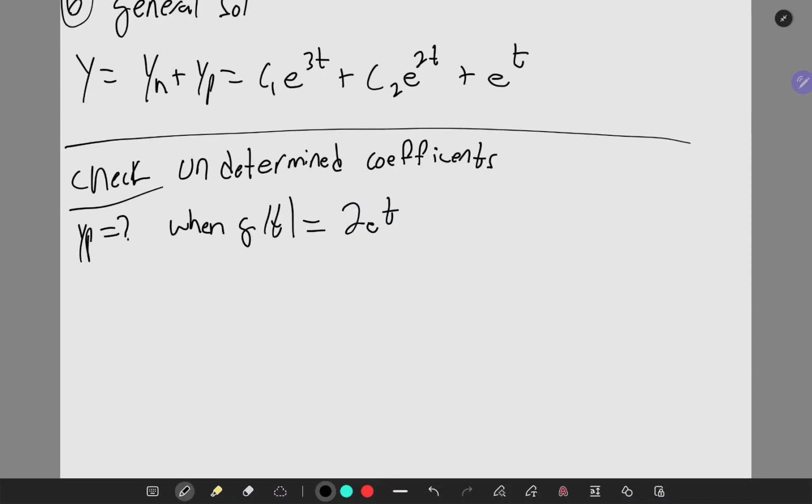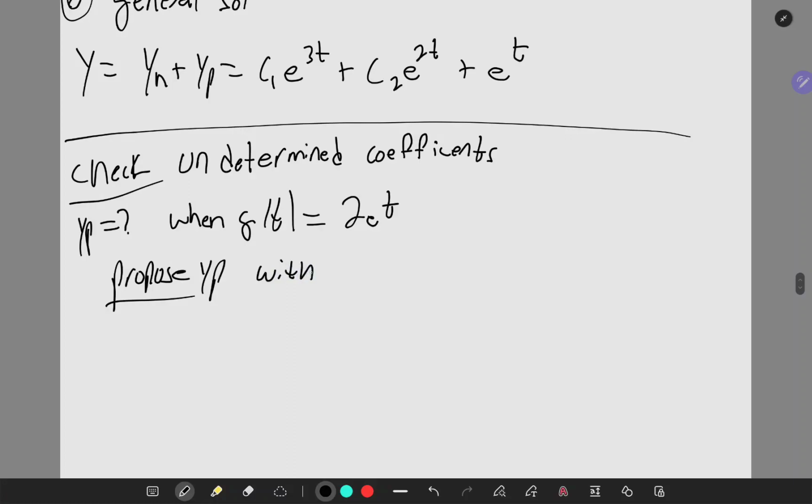So now, for undetermined coefficients, remember the y sub h would be the same, right? That's the same process for everything in second order. You always solve the homogeneous equation first. But now we get to this point, we have to propose our y sub p. So now we're going to propose y sub p with the educated guessing.